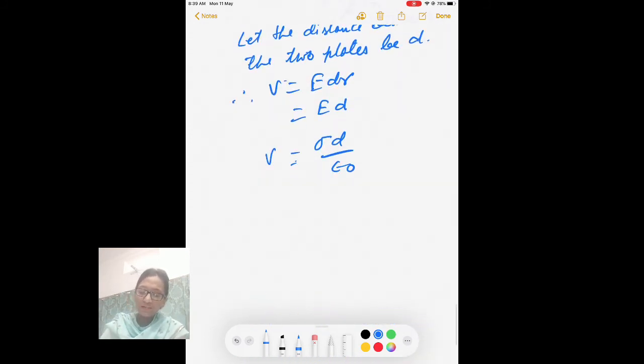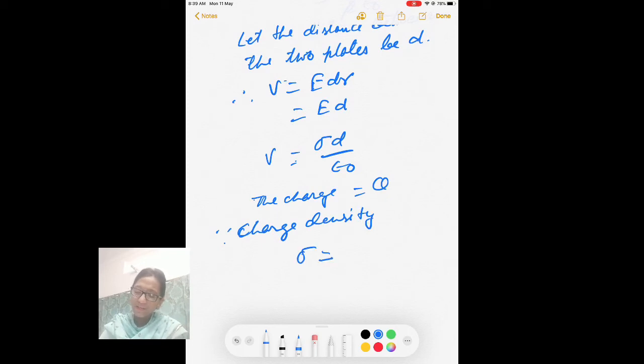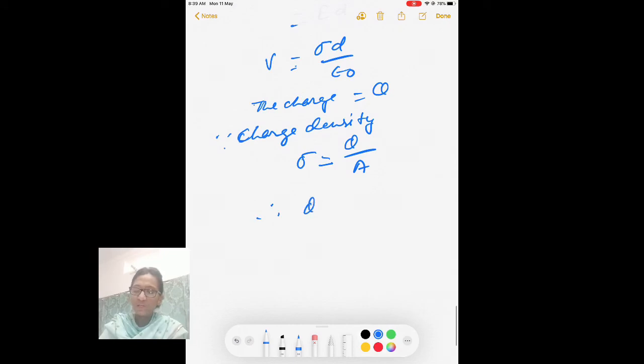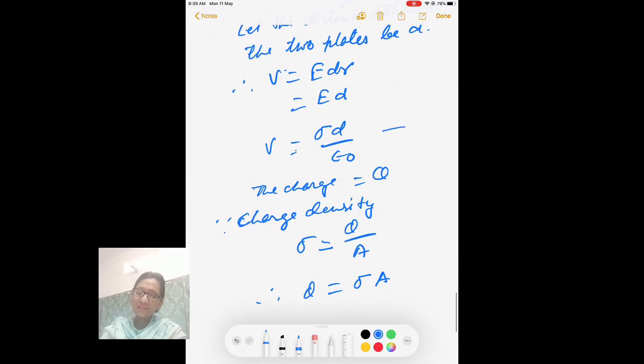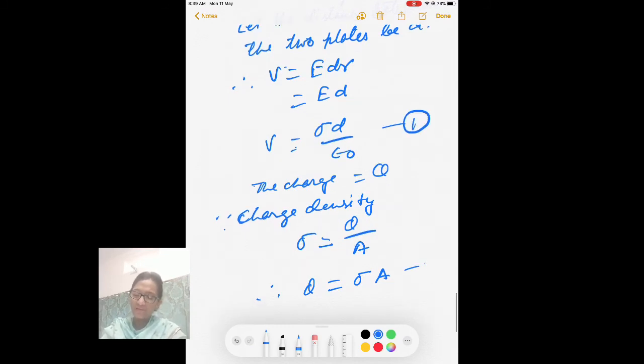And charge, what is charge? We have assumed the charge is Q, but we know that the charge density sigma is equal to charge per unit area, therefore charge can be written in terms of charge density. So charge is equal to sigma into A. So we have two things. We obtained the potential and we have the charge also.